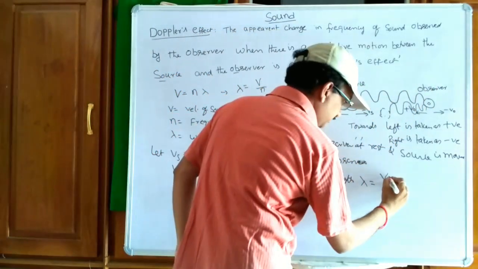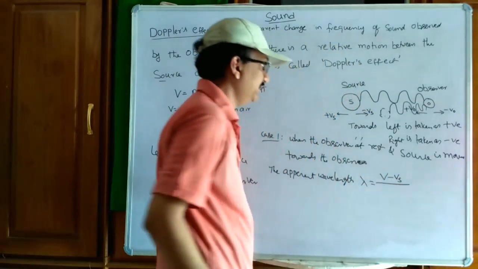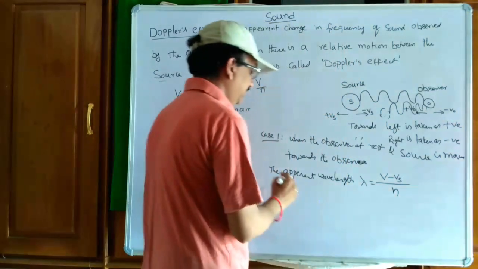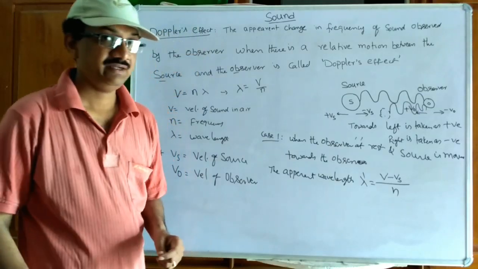So I have to put minus Vs here, divided by n. Here the apparent wavelength, this gives lambda dash.